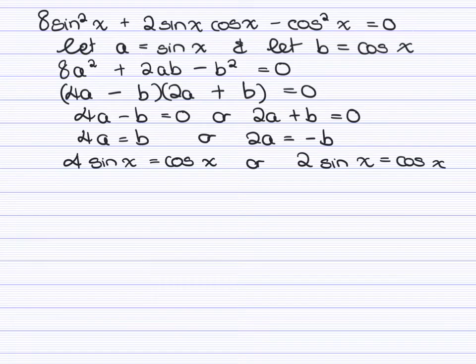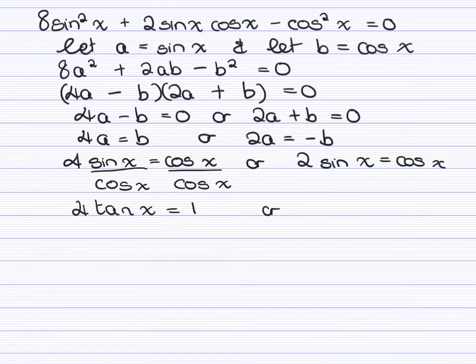Right. I can further simplify these two equations by dividing by cos x both sides, right? If I divide by cos x here and cos x there, this then simplifies to 4 tan x is equal to 1. We are going to do the same thing for the other equation. Divide both sides by cos x. Remember, sorry, there's a negative sign here.